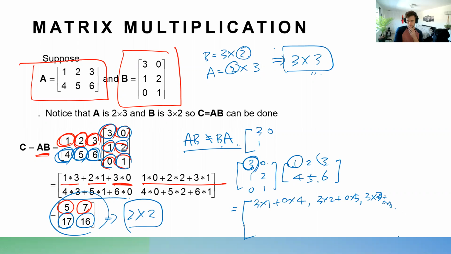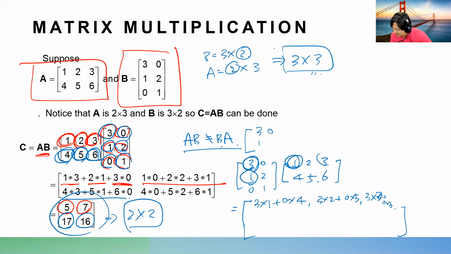In the same way, the second row is 1 times 1 plus 2 times 4, and 1 times 2 plus 2 times 5.